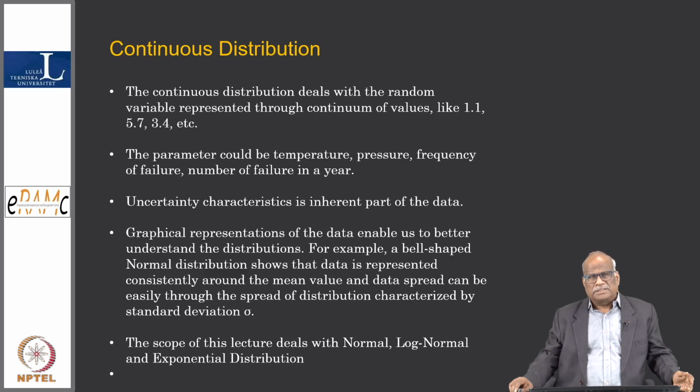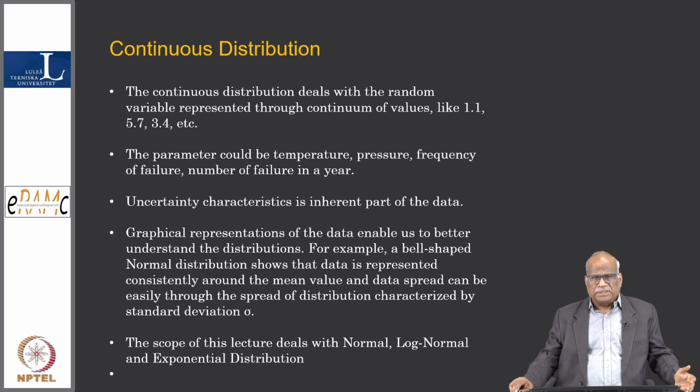Uncertainty characterization is an inherent part of distributions, because for every distribution, like lognormal distribution or normal distribution, the upper bound and lower bound characterize the uncertainty. So distributions are also very useful for characterizing the uncertainty in the data or its results.